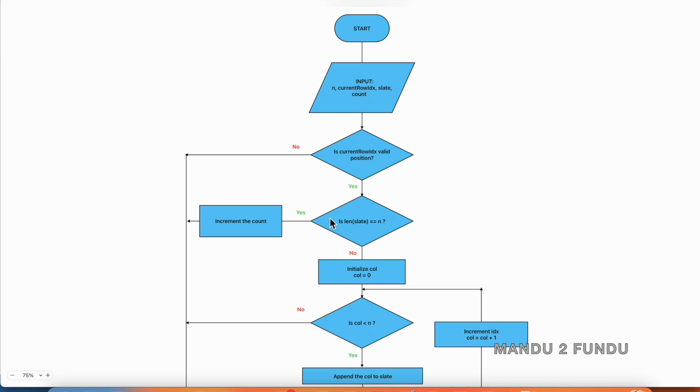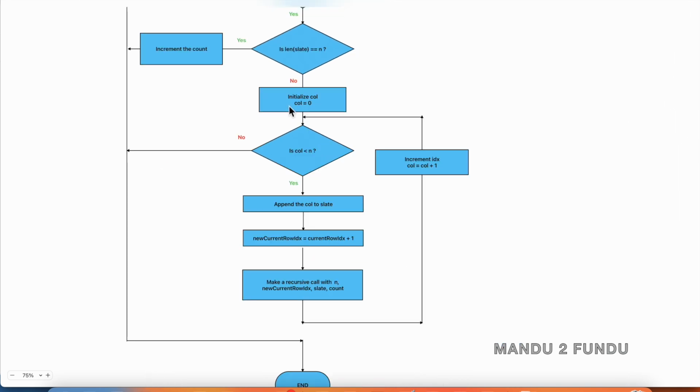Otherwise we check whether the length of the slate is equal to the value n, the number of queens. That means we successfully placed all the queens, so we increment the count and return. Otherwise we can place the queen in any one of the n columns in the chessboard.